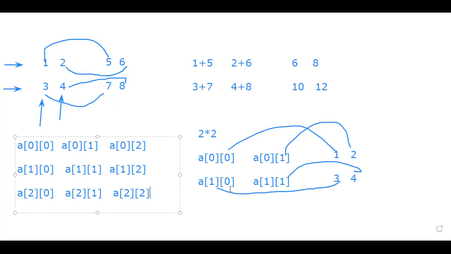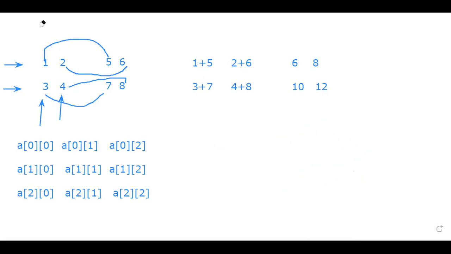Now take one more matrix here, you can understand. Now the matrix is like this. I will remove this one. So take the matrix here, the 3 by 3. When I say 1, 2, 3, 4, 5, 6, 7, 8, 9, this is a 3 by 3 matrix.